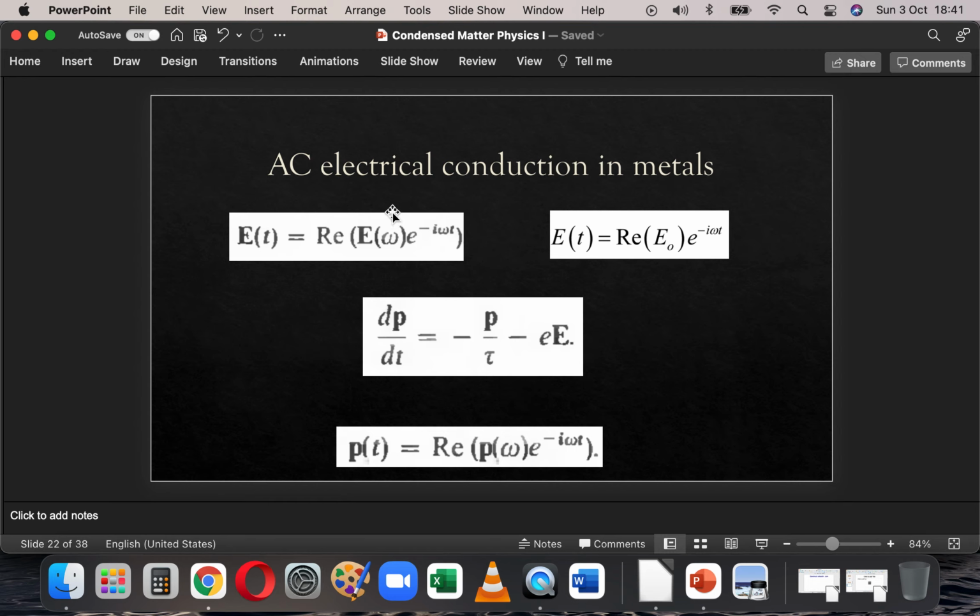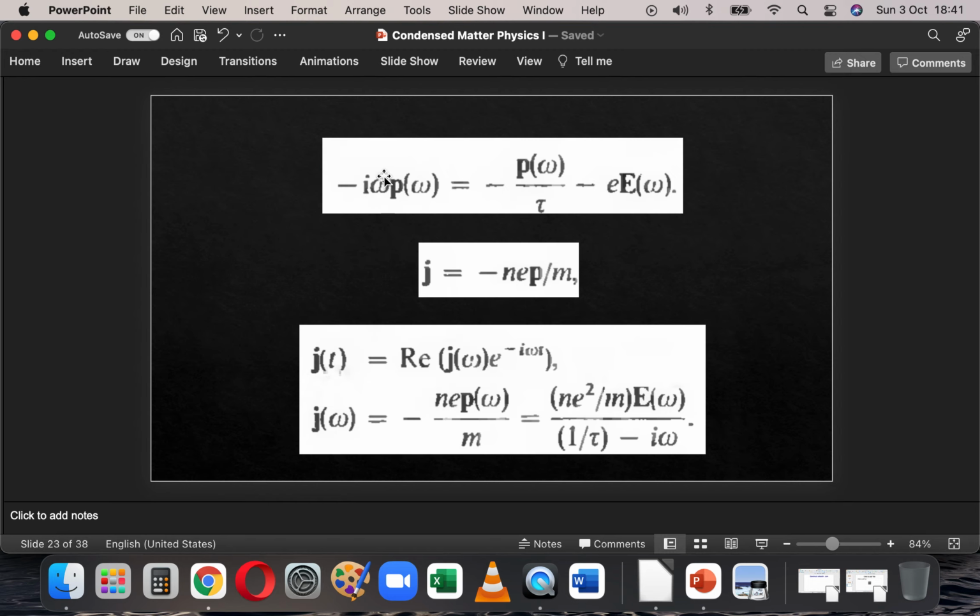So if I stick these two expressions inside, I can write down this kind of an equation, and the current density J is related to the momentum, and therefore the current density J will also have an oscillatory form given by this, and because of this expression I can now write J of omega in terms of P of omega, and I can now use this and put this inside.